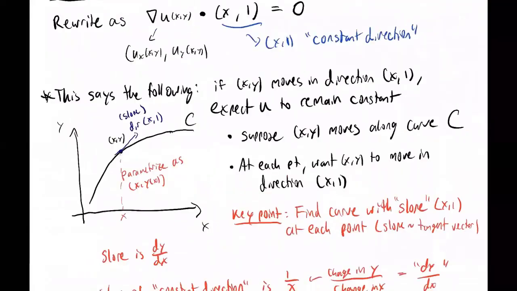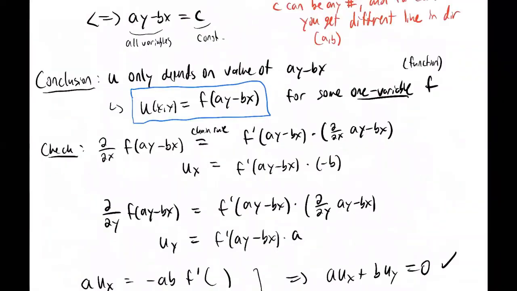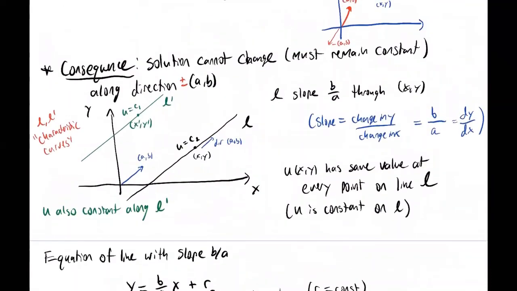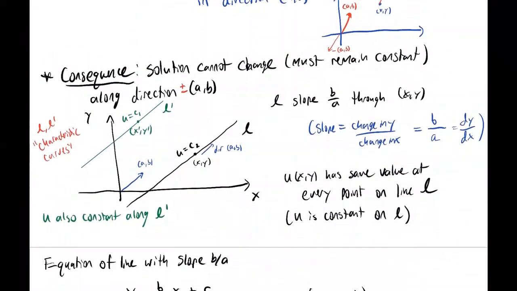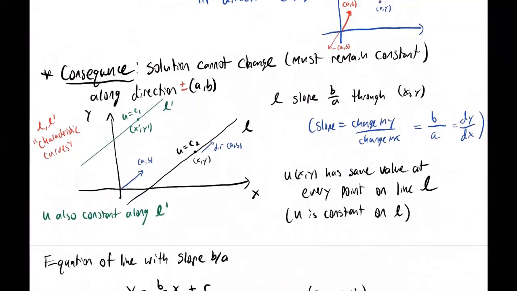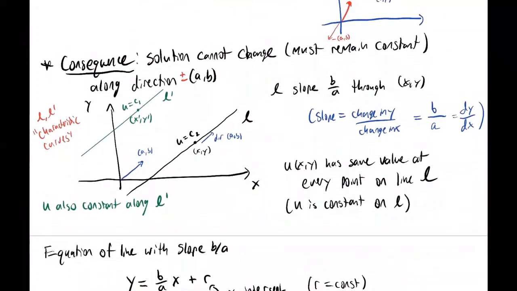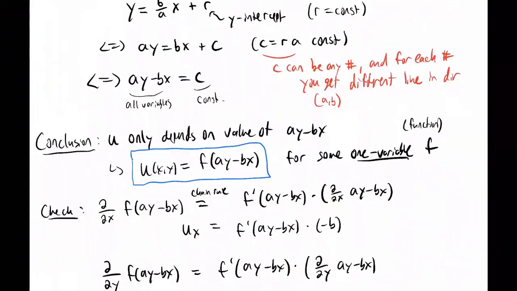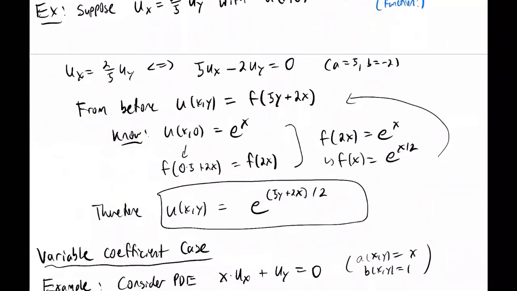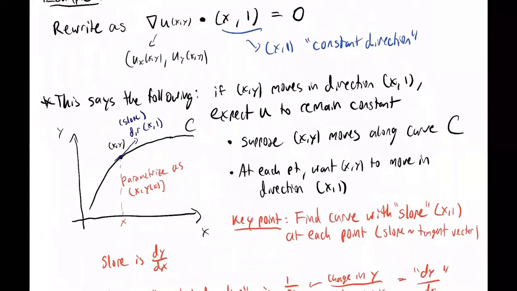So what are the similarities? Well, if I go back to what we saw originally, in the constant coefficient case, we were still finding these special curves on which the solution has to remain constant, except they just happen to be lines, so they're easier to work with. In the variable coefficient case, you can have more complicated curves. For example, you can have a natural log or something like that.